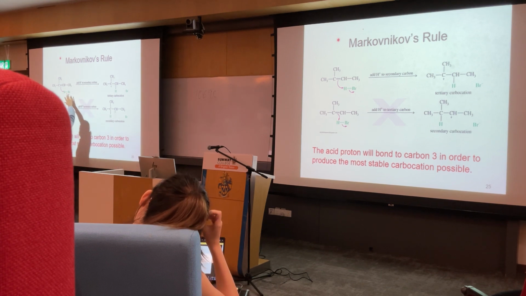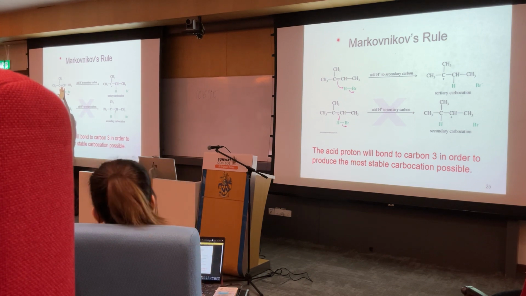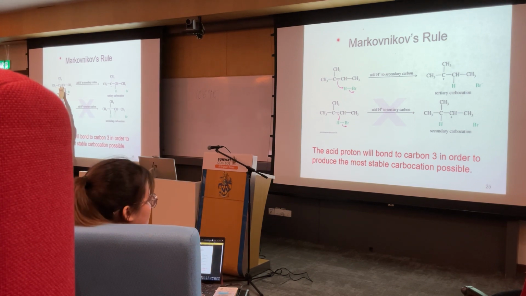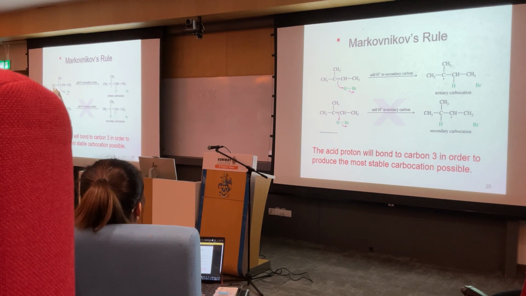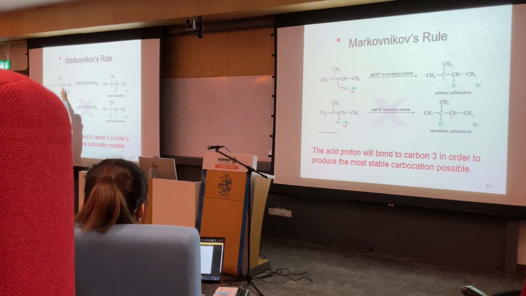Imagine this is your alkene. Now this is an unsymmetrical alkene. Why? Because one carbon has two methyl groups and the other carbon has one hydrogen and one methyl group. Both of them have different groups, meaning this is an unsymmetrical carbon-carbon double bond, right?